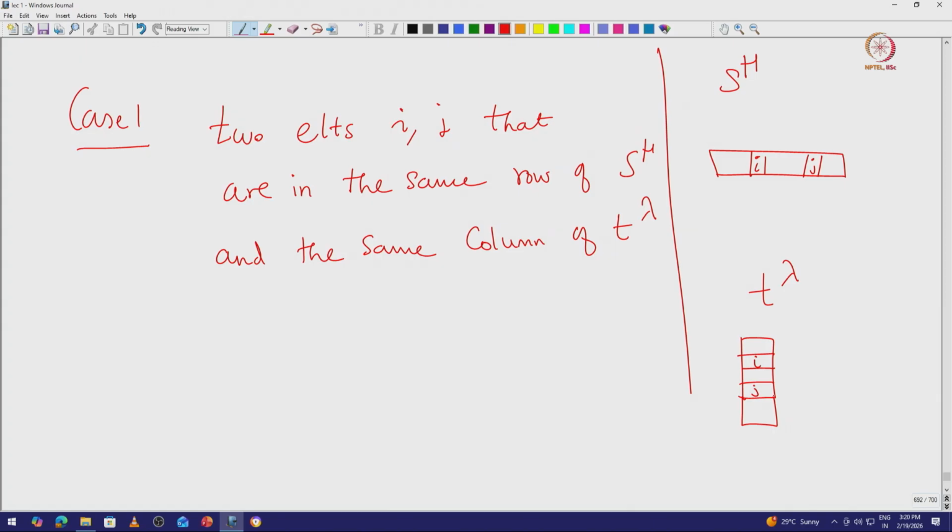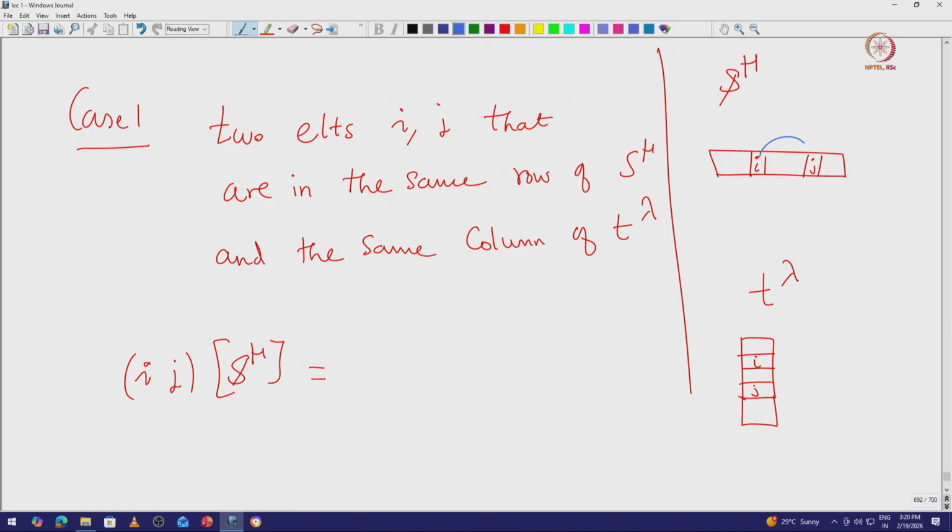Now one can look at the transposition ij and apply it on S mu. Take the tabloid corresponding to the tableau S mu and apply the transposition ij.